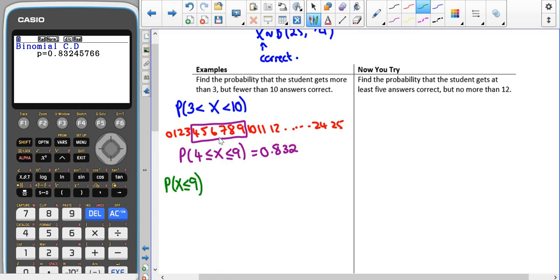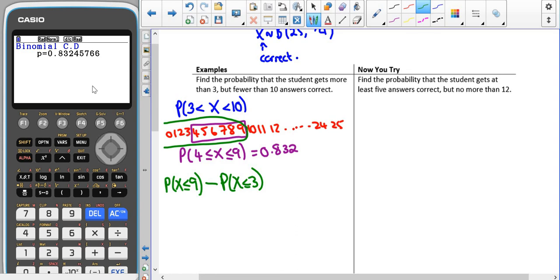But if you think about what values that entails, that is all of these numbers here. However, we don't want 0, 1, 2 and 3. So we're going to have to take away from that probability of x being less than or equal to 9, the probability that x is less than or equal to 3. And when you do that, you should end up with the same value. So just be careful. If you have the old calculator, you're doing the biggest one that you want, take away the biggest one that you don't want.